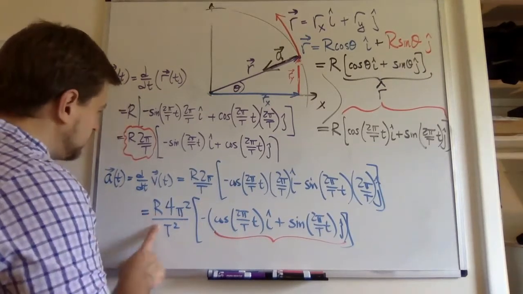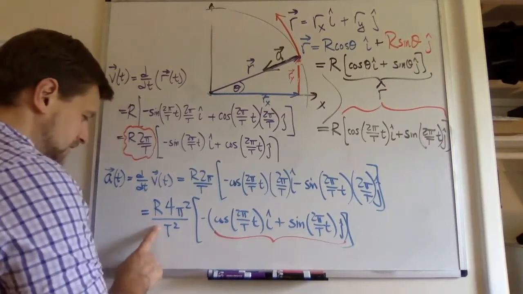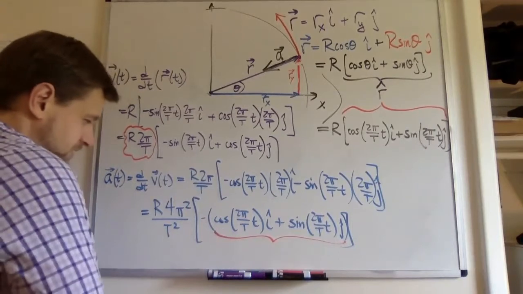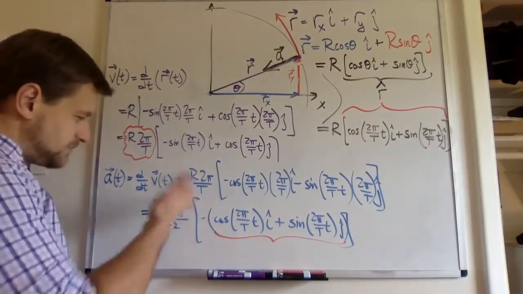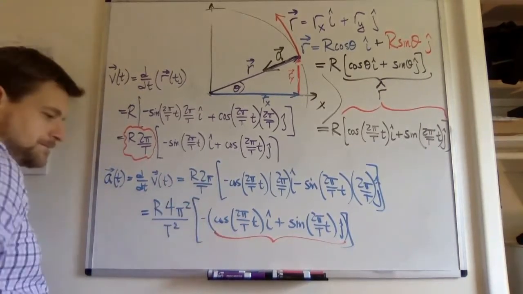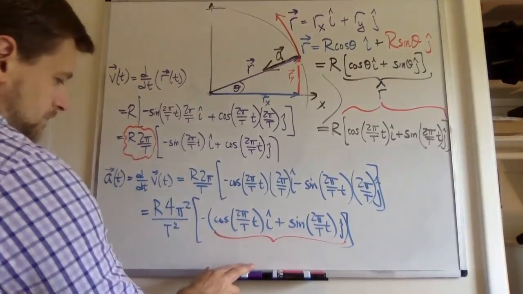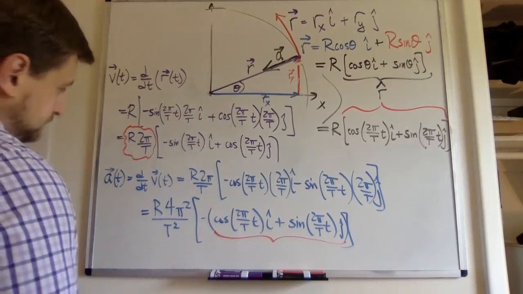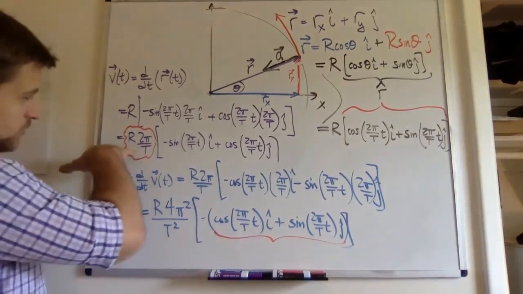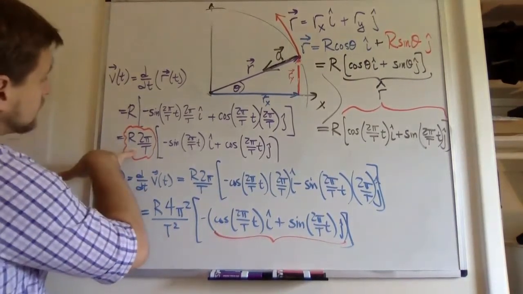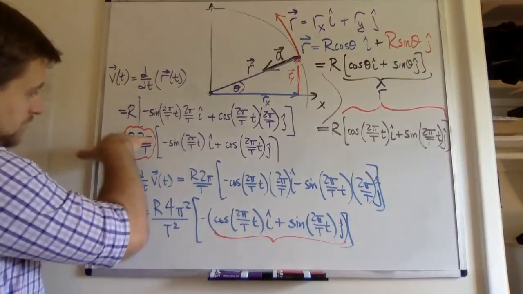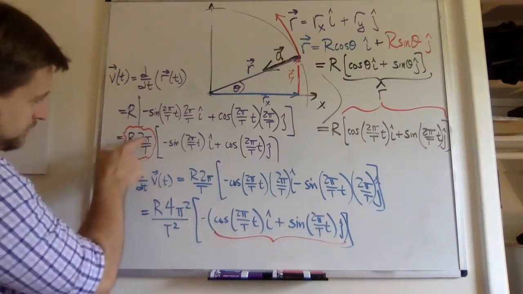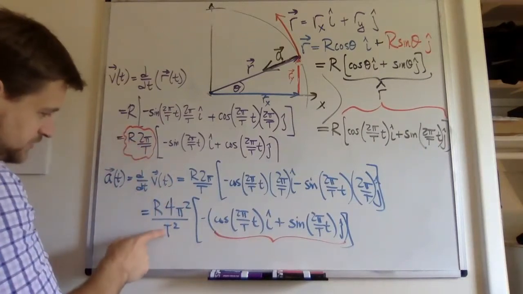This isn't the only way to write this circular motion acceleration magnitude. If we square 2 pi over t, we'll get 4 pi squared over t squared.